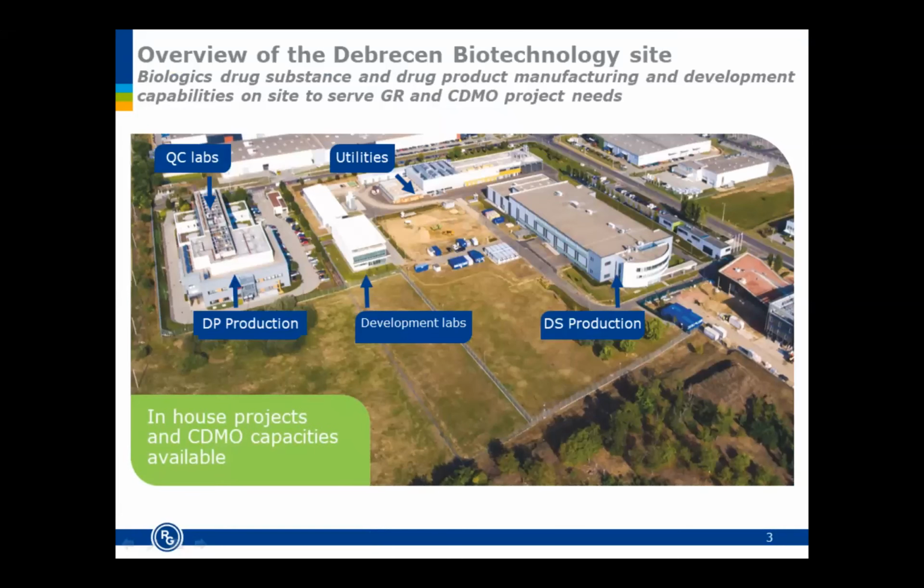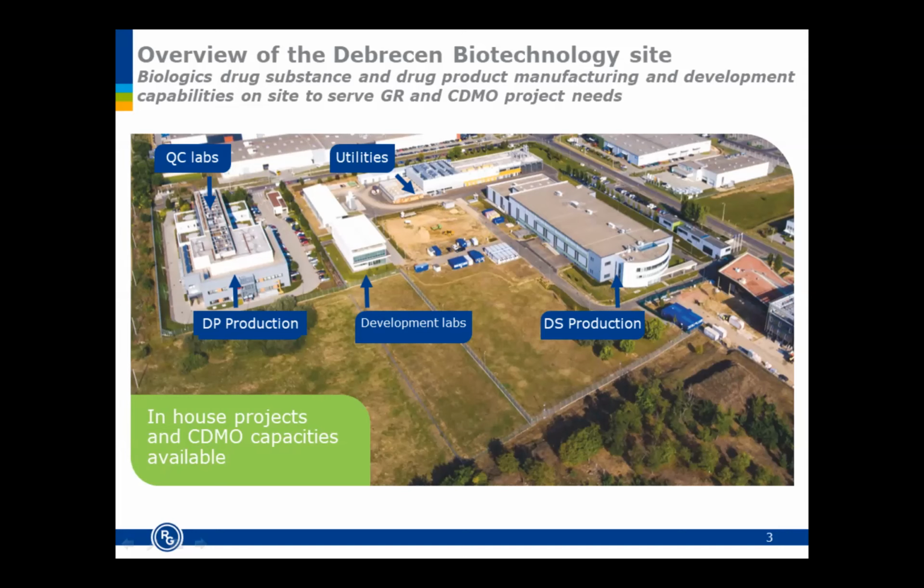The biotechnology business unit has two main sites in Hungary, an R&D in Budapest and a great manufacturing site in Debrecen that has been in operation since 2012. The Debrecen site has all main functions for the end-to-end manufacturing, from cell line development through pilot scale clinical production to commercial manufacturing of mammalian-based drug substance and drug product in a variety of presentations.